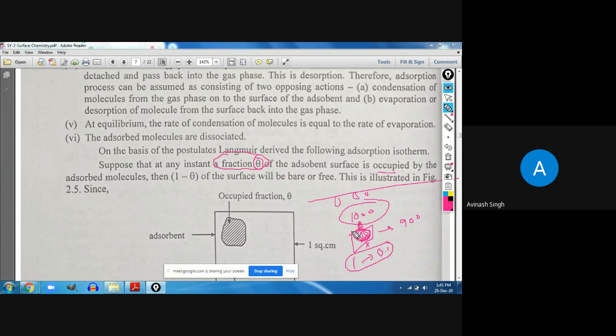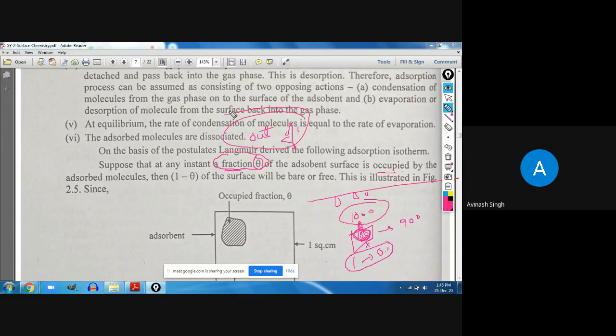If the total number of spaces is 1, how much is occupied? 0.1. So whenever we say fraction, please remember it is out of 1.